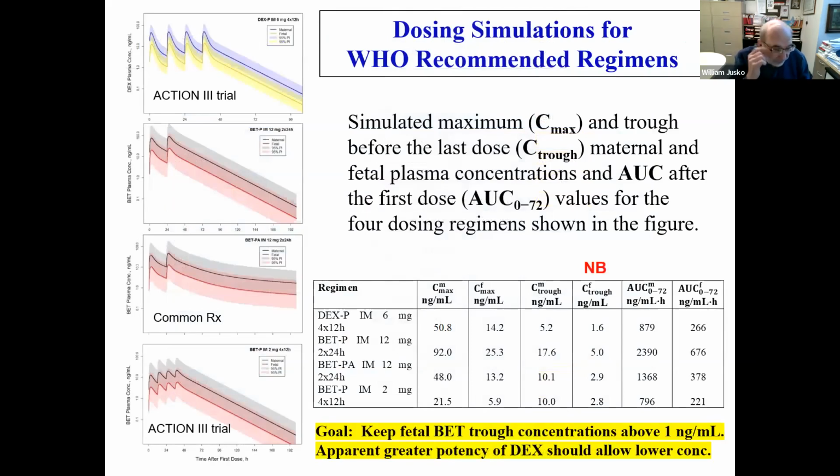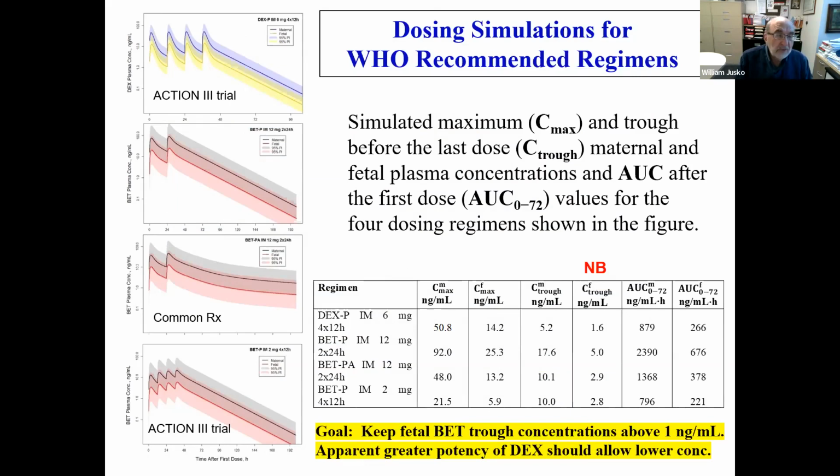The last part of what we did was a simulation of the World Health Organization recommended dosing regimens for antenatal use of the steroids. So they're all multiple dose studies. The standard use of beta PA is shown in the third panel on the right, where it says common RX.